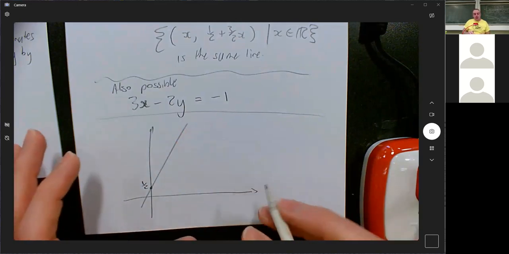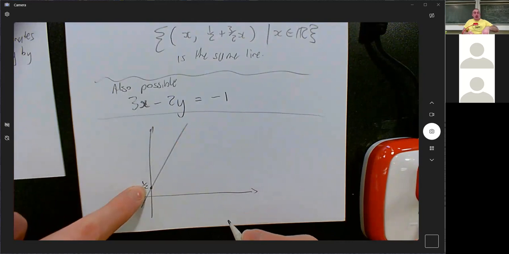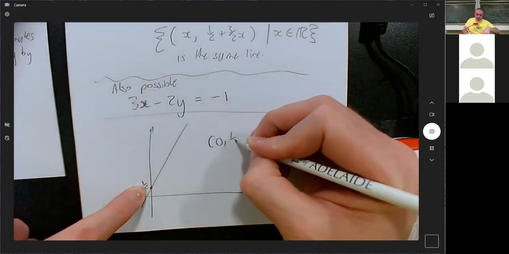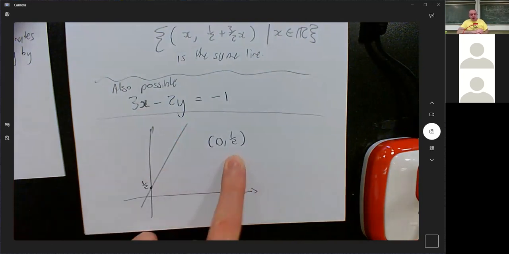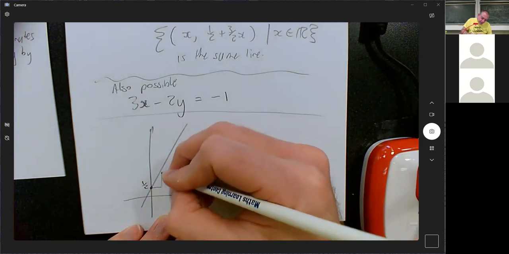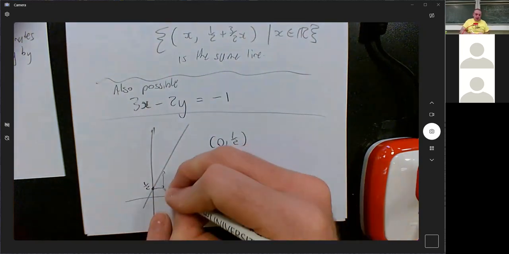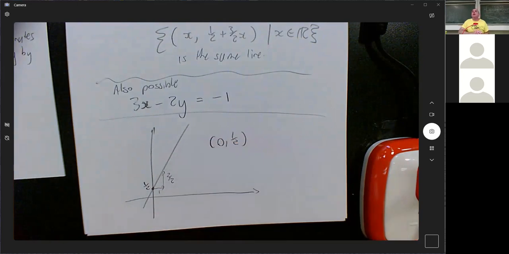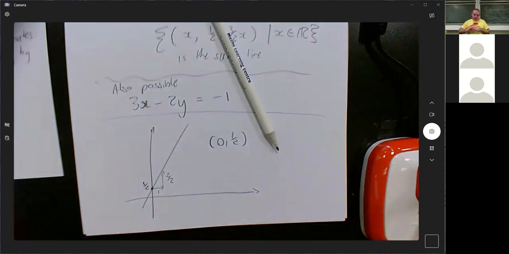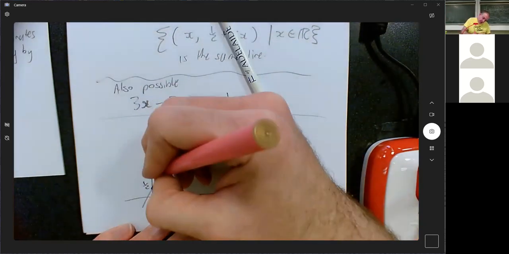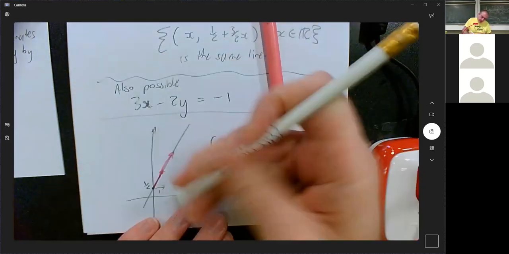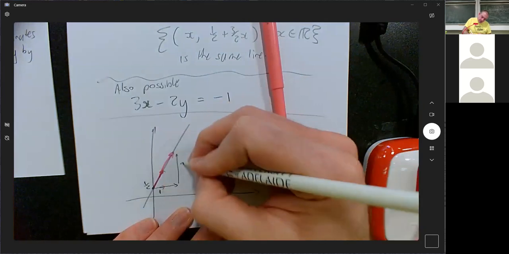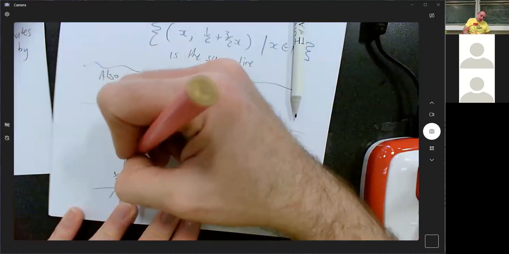What this tells me is it starts at the point (0, 1/2), and I can get to every other point by starting at this location and going some multiple of this journey of going across 1 and up 3/2, because that's the slope. That journey is the vector (1, 3/2).